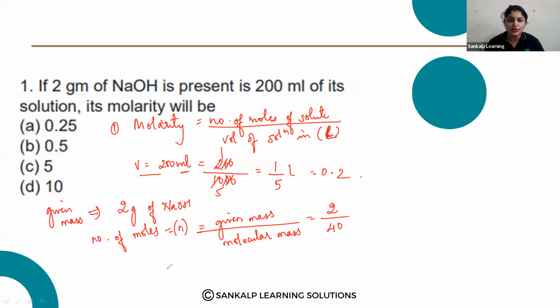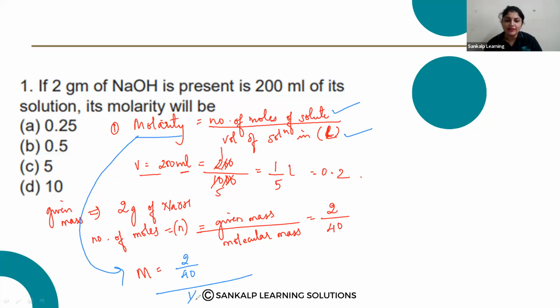Now we'll find the molarity. We know the number of moles, and we know the volume of the solution. We have converted the ml into liters. So now we'll substitute in the formula. Molarity is equal to the number of moles, 2 by 40, divided by 1 by 5.